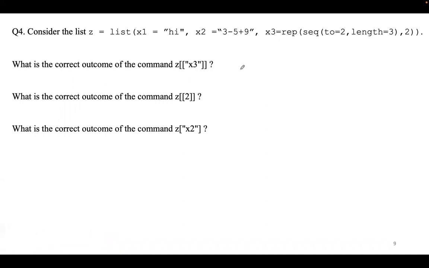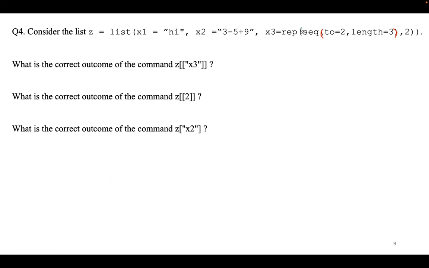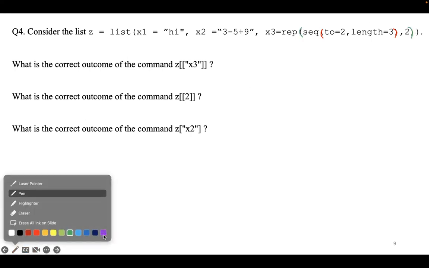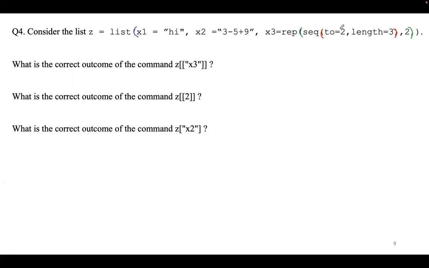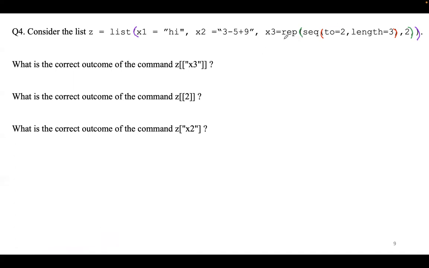The way you check it is you should have as many opening brackets as closing brackets, right? So this one is for this here, and then this bracket is for this one, right? So the closing brackets and opening brackets are all matching. So can you resolve what is x3 here actually?